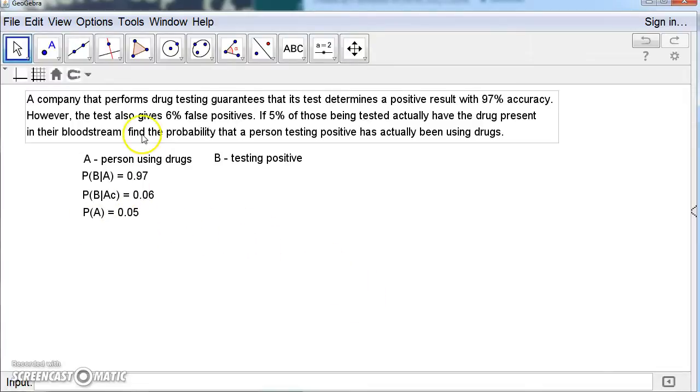So the question is, what is the probability that a person who tests positive actually has been using drugs, right? Because of course, if you test positive, maybe you actually use drugs and the test found it, or maybe you don't and the test just mistakenly did it, one of those 6% false positives.